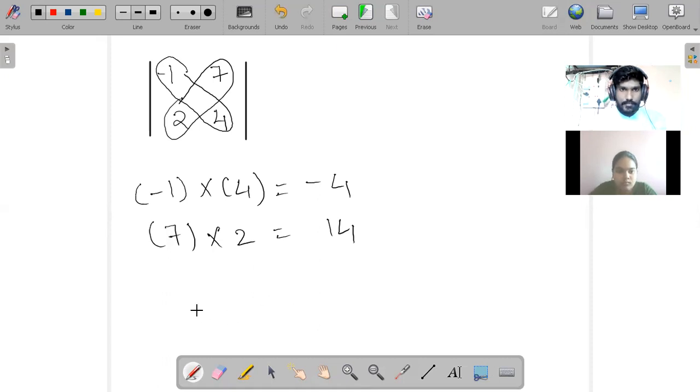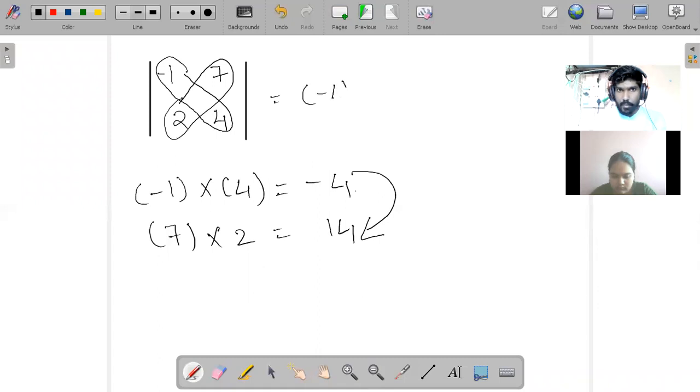Now you have done this minus this, so it becomes minus 18. No, it is not this minus this, but it is the opposite: it is this minus this.